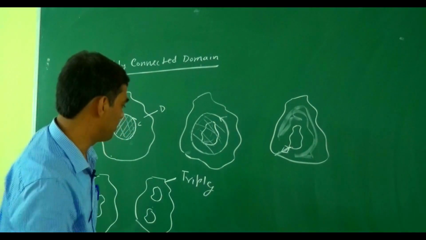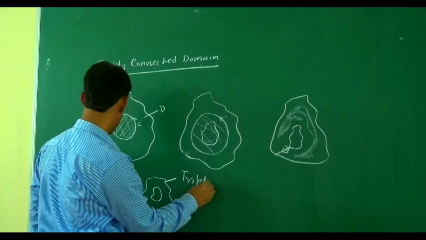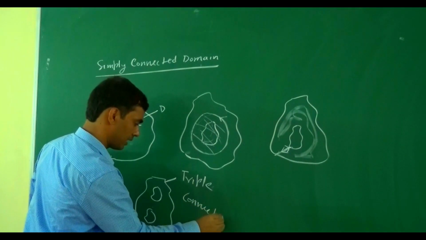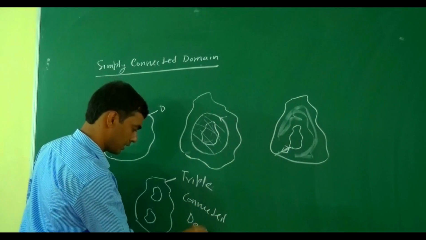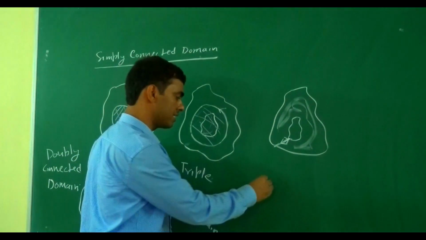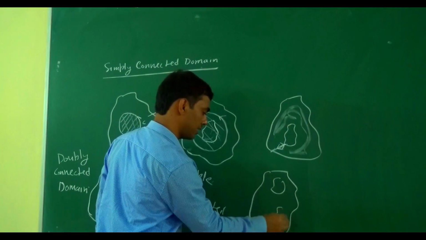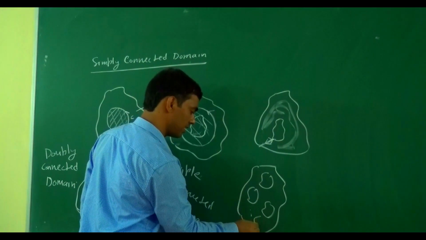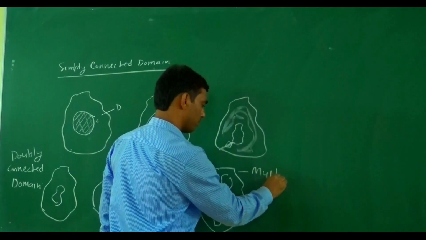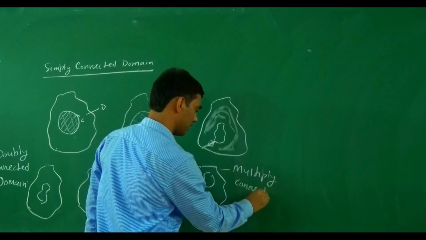This is a triply connected domain. And similarly, if there are n regions, first, second, third, and so on up to n, then this is called a multiply connected domain.